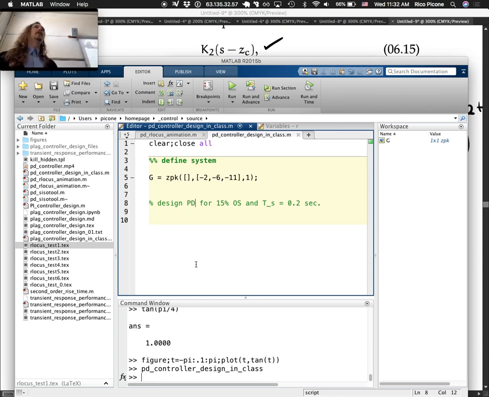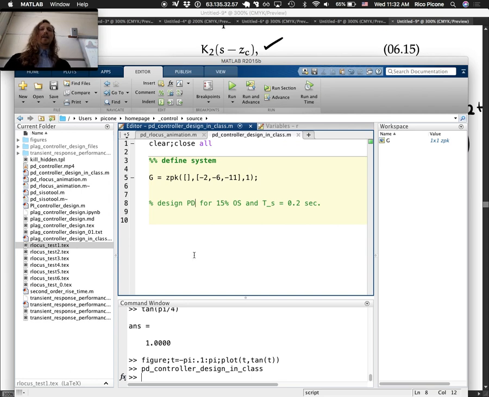So I give 2 transient response characteristics that I want, okay? Let's think about these 2. Percent overshoot is directly related to the damping ratio, right? And the damping ratio is directly related to the radial angle from the origin, right?